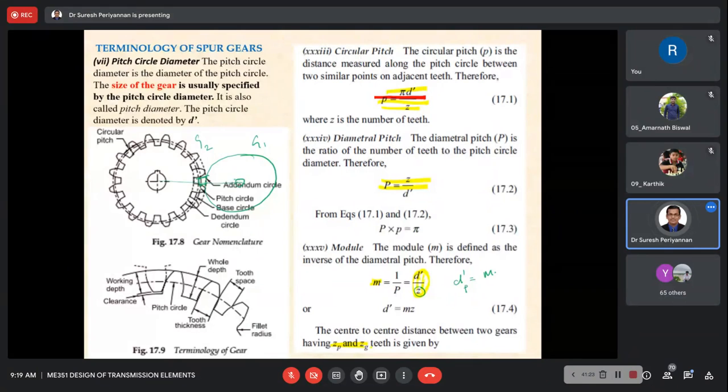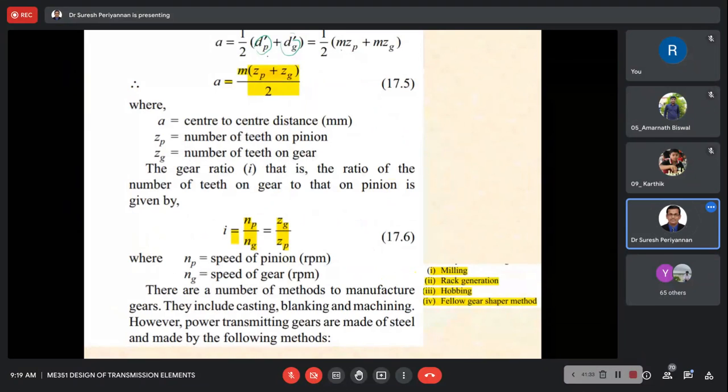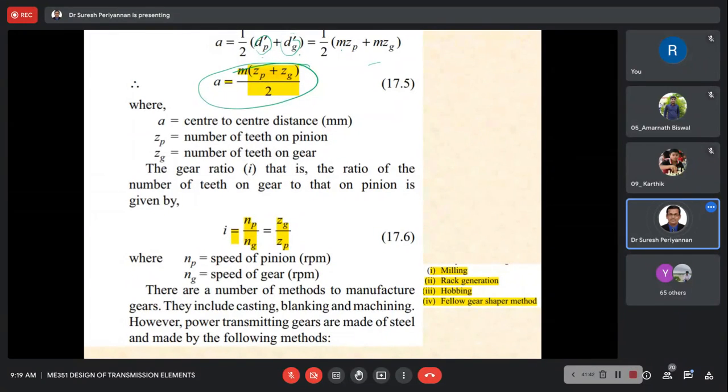Now d dash is m into z, so m into z p for the pinion. Now instead of dp and dg, I'm putting this. Finally, this is our center distance between the pinion and gear, or two gears, in terms of the number of teeth on pinion and the number of teeth on gear.